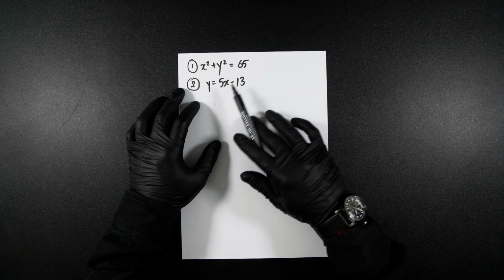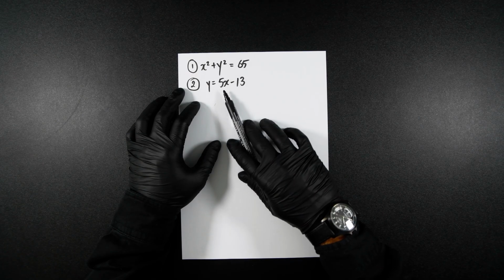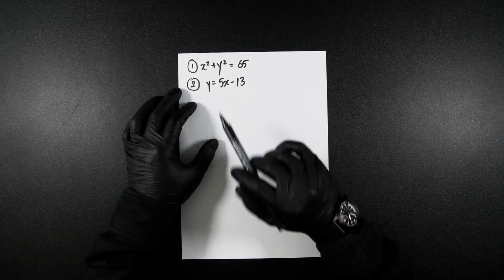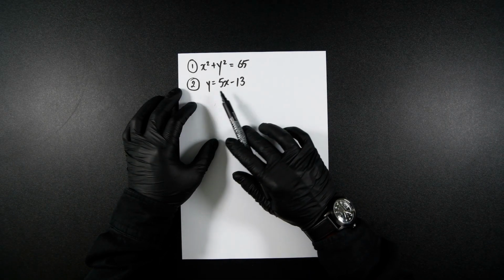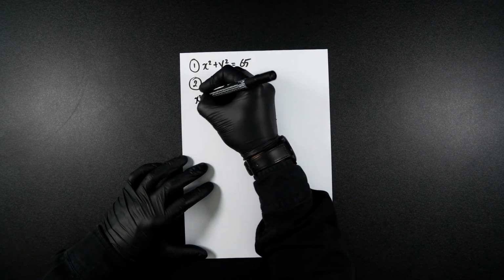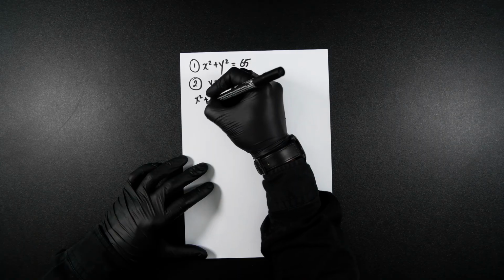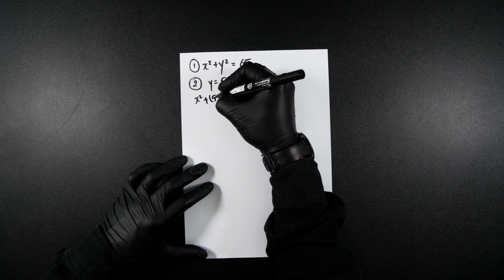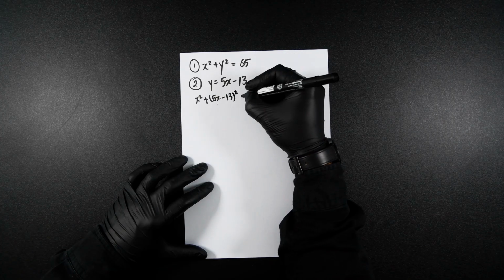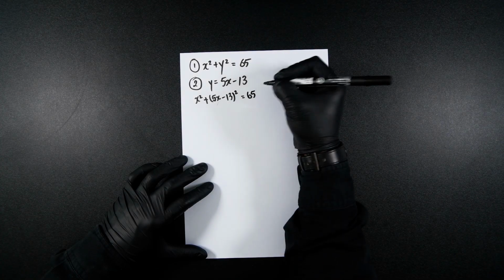For now, let's take equation 2 and substitute it into equation 1. We don't need to do any rearranging because it's already in the form of y equals 5x minus 13. So you're going to have x squared plus 5x minus 13 all squared, which equals 65.